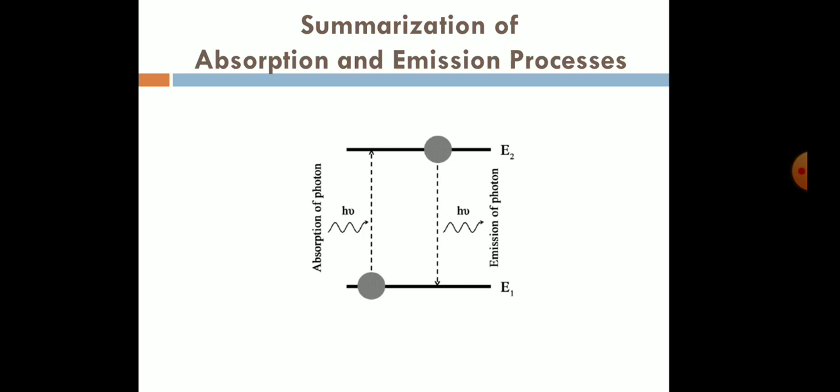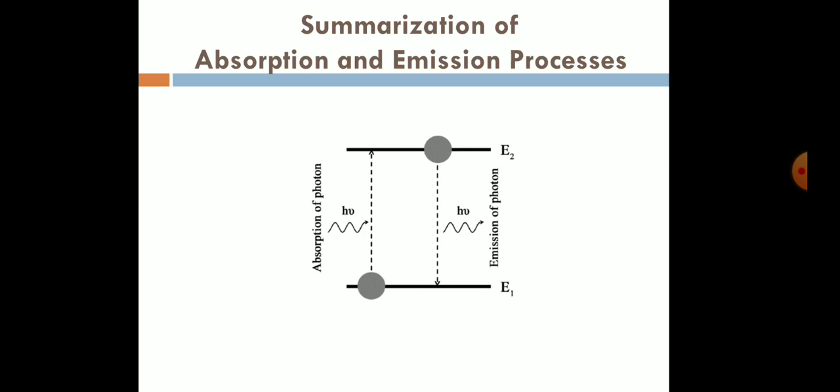So absorption of photon: if we are studying what part of the electromagnetic radiation has been absorbed by the molecule to induce the excitation from the ground state to the excited state, then it leads to absorption process or absorption spectroscopy.